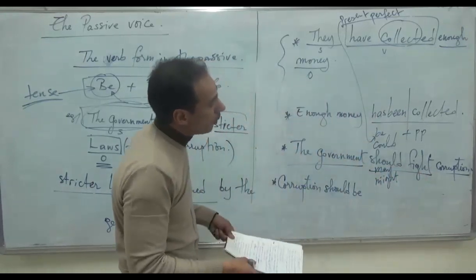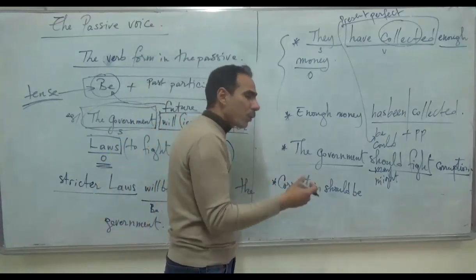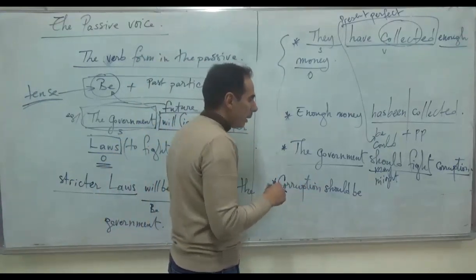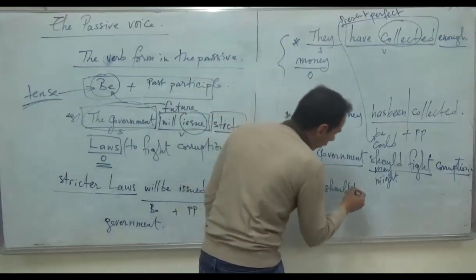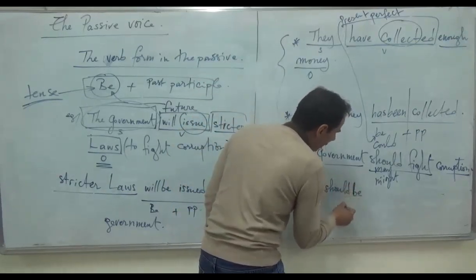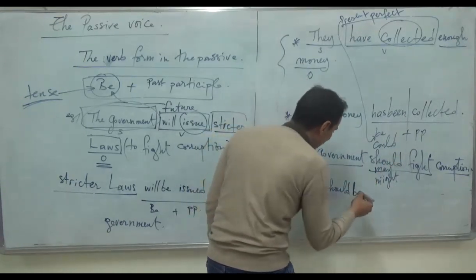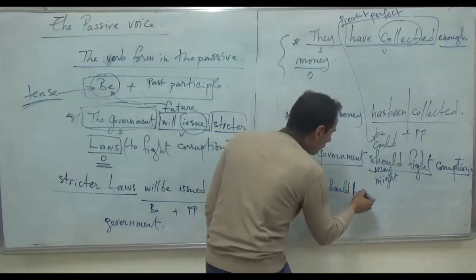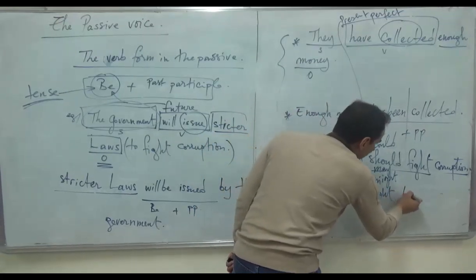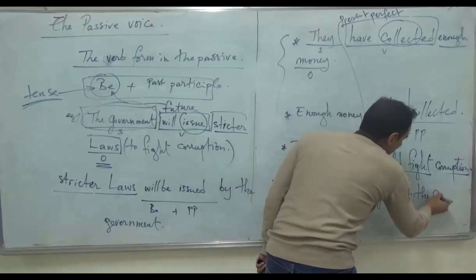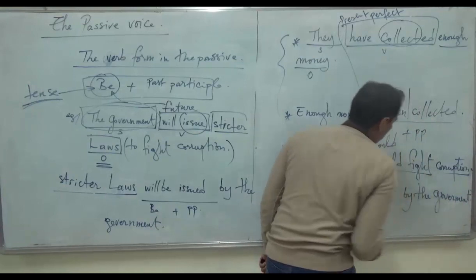Of course, the verb to fight is an irregular verb. Here also we should know by heart the different forms of the irregular verbs in the past simple and as a past participle. Corruption should be fought by the government. Okay.